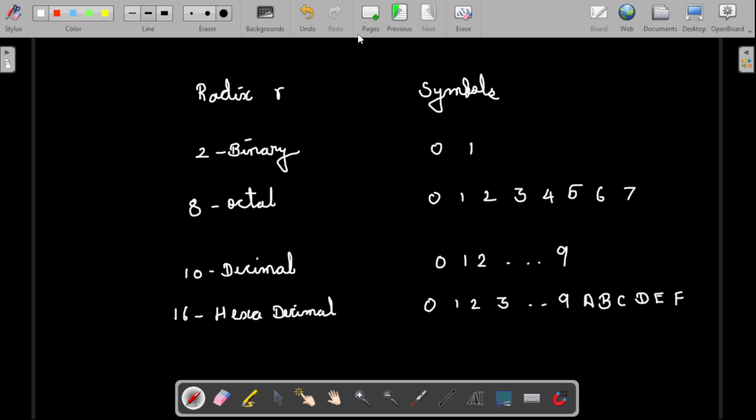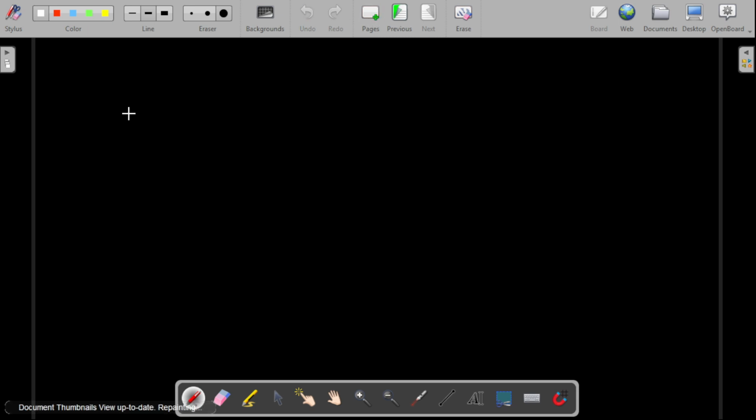How this can be represented is the trick. Any number may be x3, x2, x1 and x0, then a point, then y1, y2, y3, and it may go on.